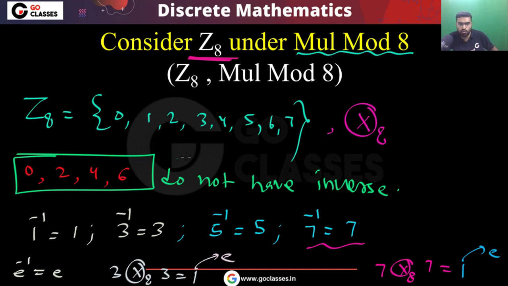So 0, 2, 4, 6 do not have inverse, but 1, 3, 5, 7 have inverse.